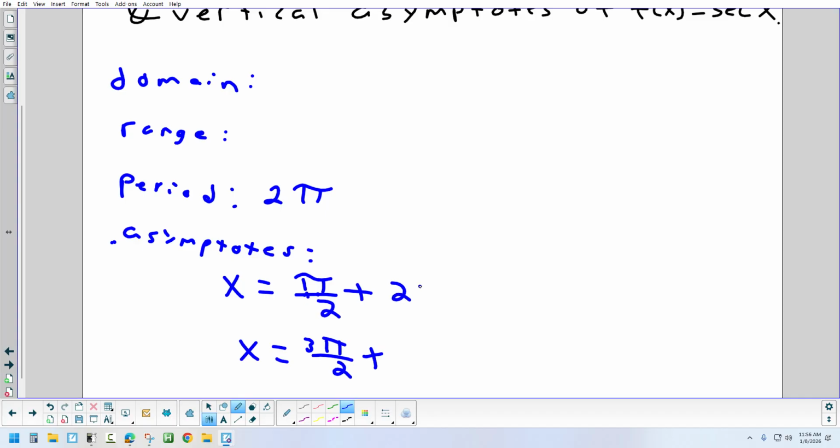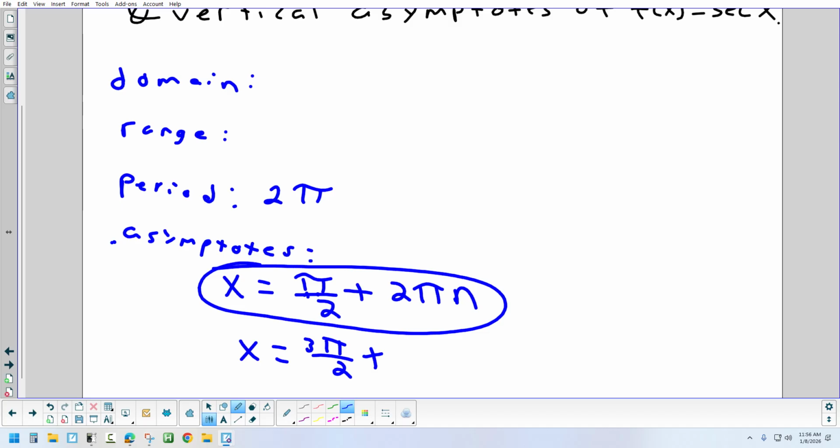So the way you represent multiples of 2 pi is like that. If you have a 1 for n, that means you're adding 1 cycle. If you have a 2, you'd be adding 2 cycles. If that was a 5, you'd be adding 5 cycles. But this represents an infinite amount of asymptotes. And now that was the first one in the box.